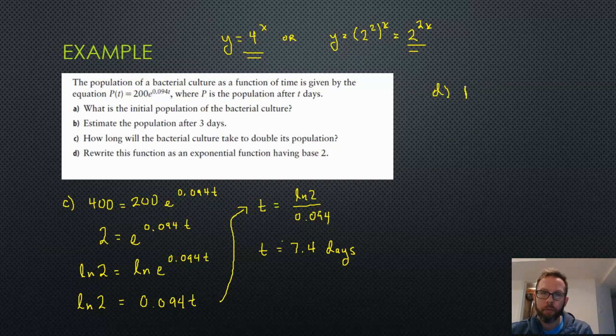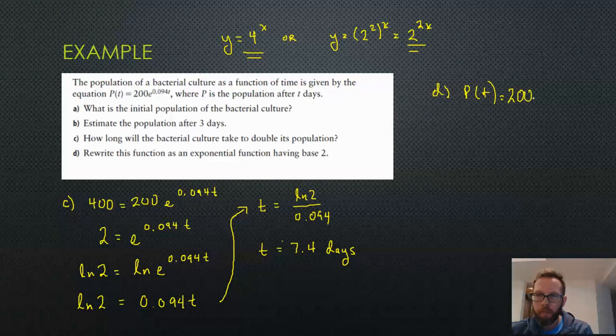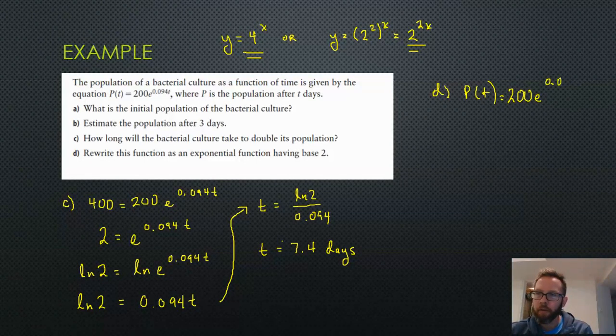How can we do that? I'm going to rewrite my function here: 200 times e to the power of 0.094t. All right, so we would need to write e as a power of 2. So how do we do that?